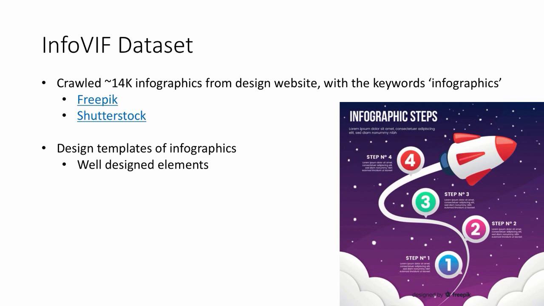For example, icons are consistently designed and texts are with similar font size and style. And on the other hand, those infographics are very diverse in their design, which provides a good coverage of the design space of infographics.